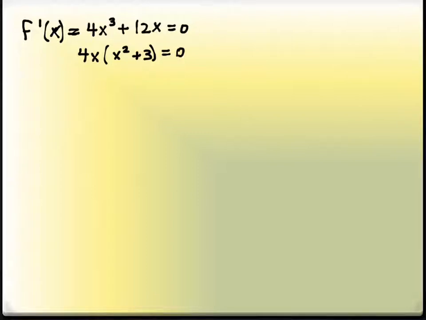Now what? Not divide, but... 4x equals 0. Right. Good. So we're going to set each part equal to 0. The first one, 4x is equal to 0. That means x is equal to 0. What happens on the second one?